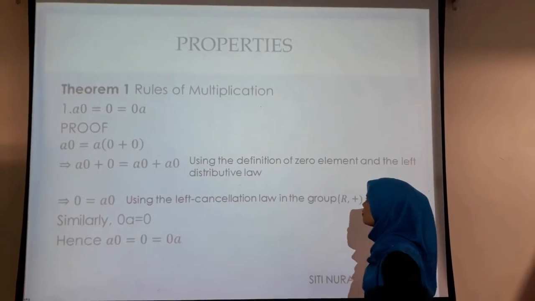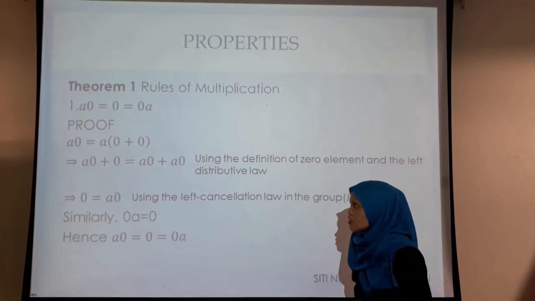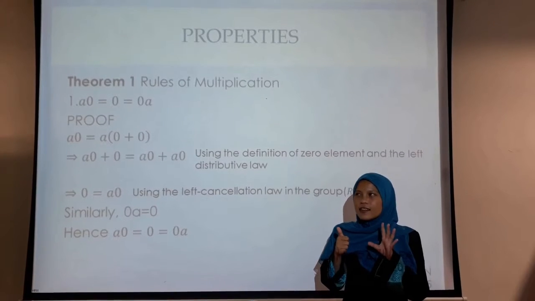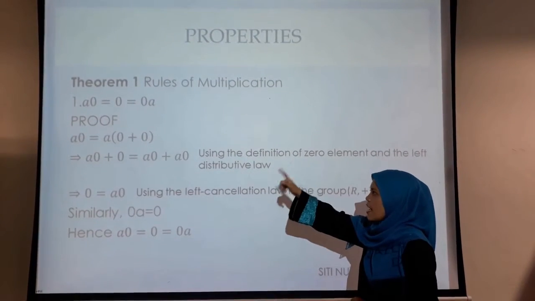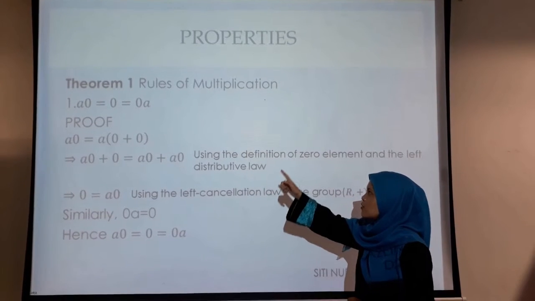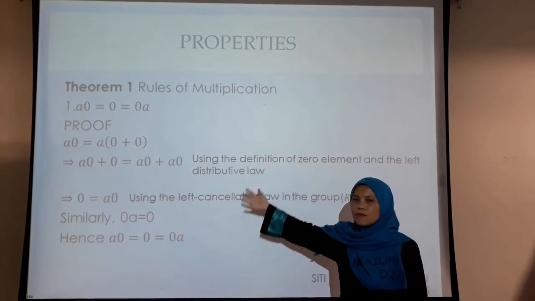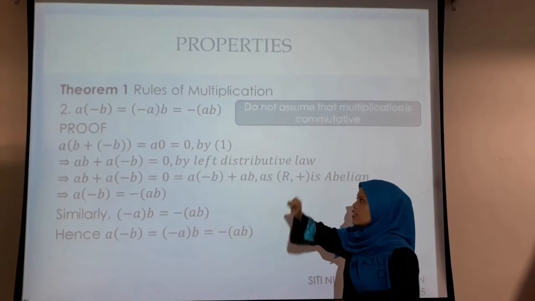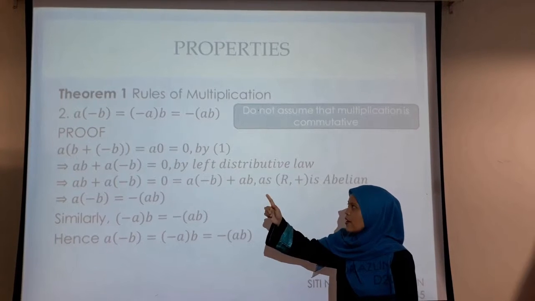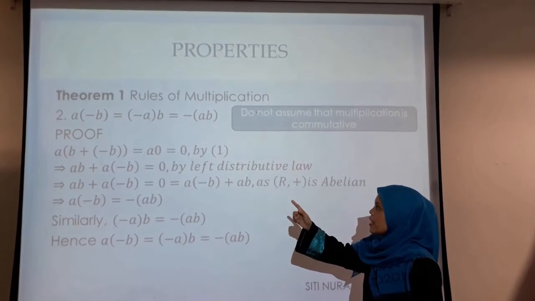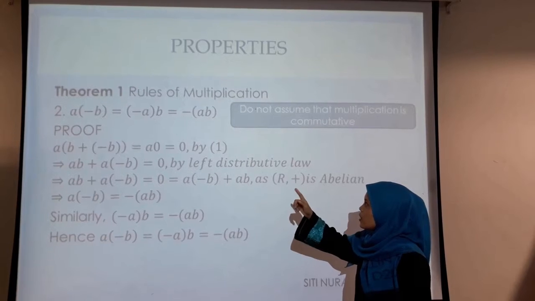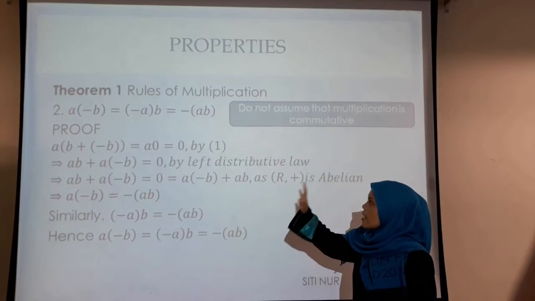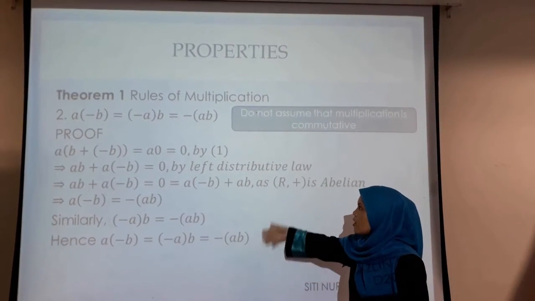First is the rules of multiplication. For the rules of multiplication, there are six conditions. The first one is A0 equals 0 equals 0A. This is the way to prove it. Next, the second condition is A(-B) equals (-A)B equals -(AB), and this is how to prove it.